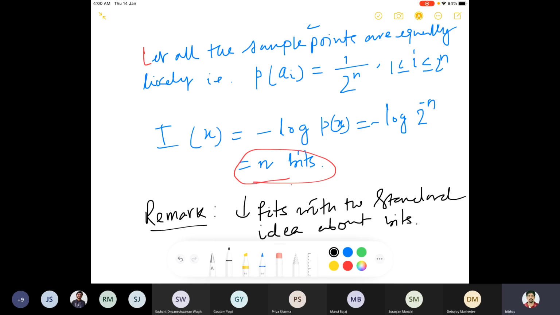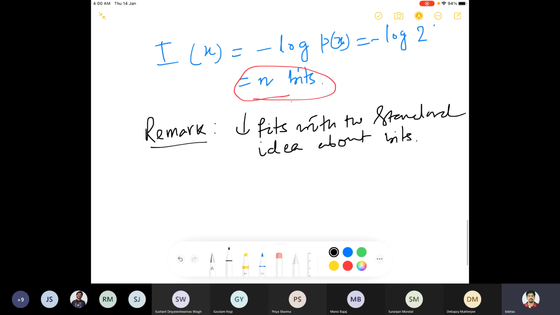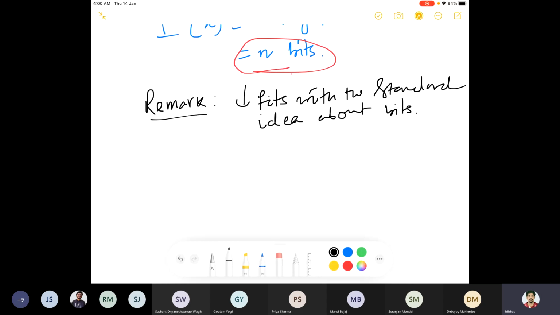So each sample point has this many bits of self information.